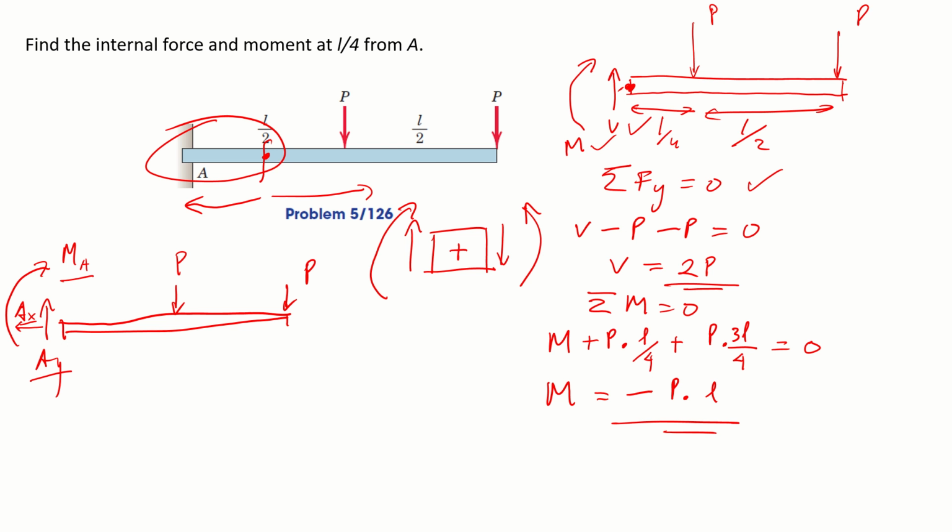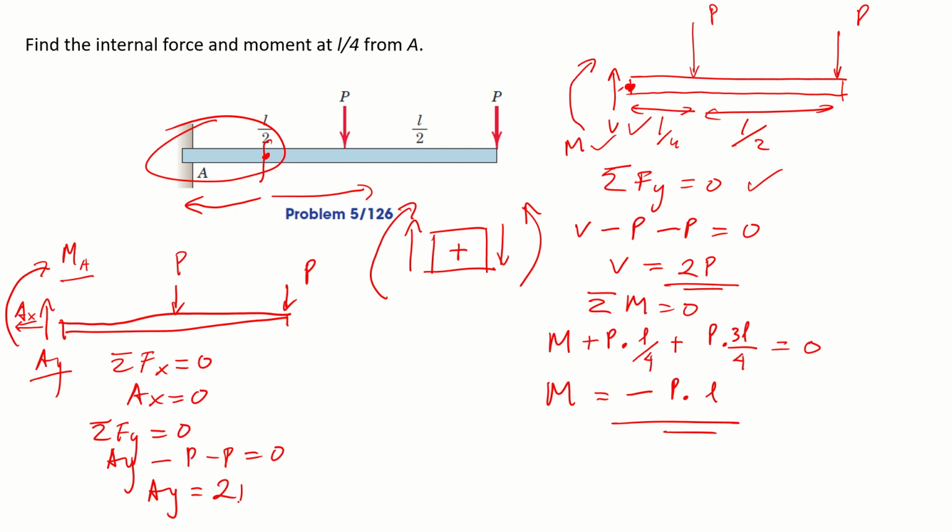Using sigma Fx equal to 0, what we will get is AX is equal to 0. Then, using sigma Fy equal to 0, what we will get is AY minus P is equal to 0, and AY is equal to 2P.